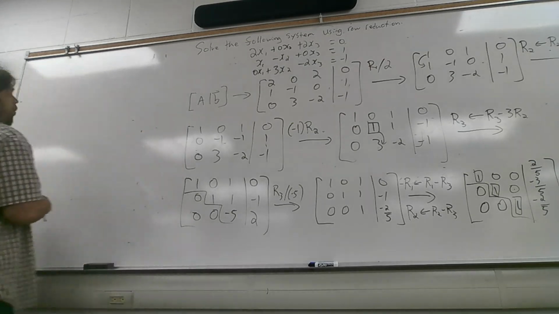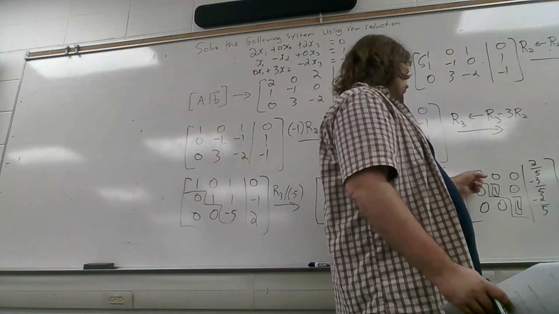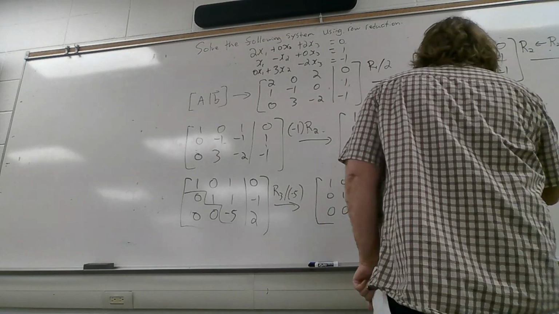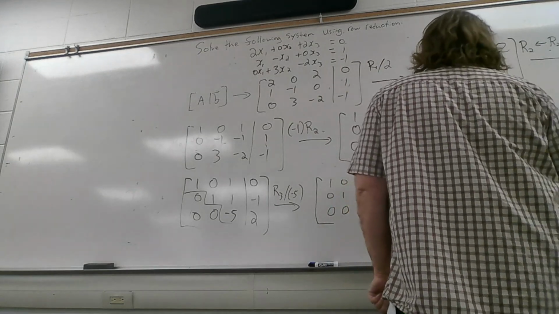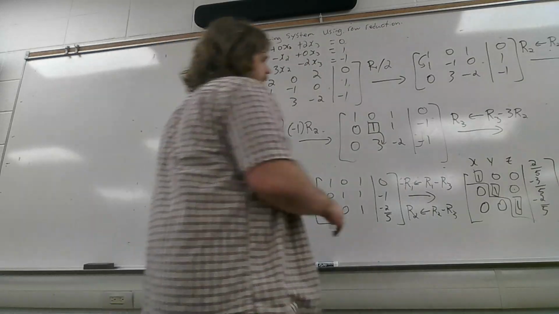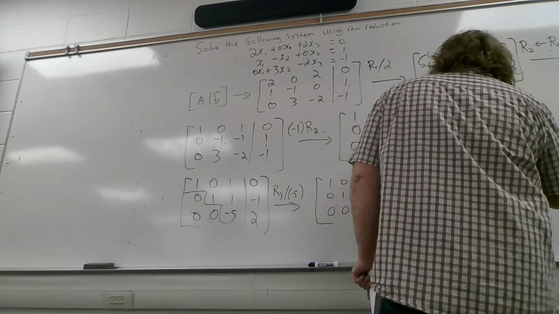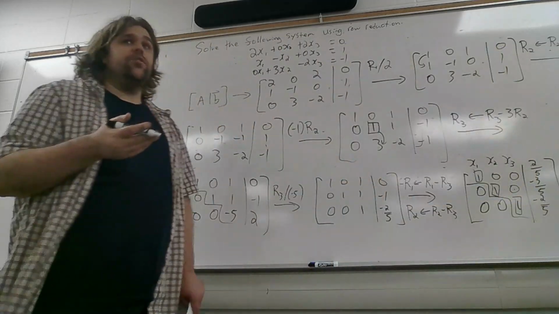So, what does this say? This first row is an equation. This is x, y, and z. Remember, this is the number that goes in front of x, this is the number that goes in front of y, and that's the number that goes in front of, oh, I used x1, x2, x3, sorry. So those are our variables, right?